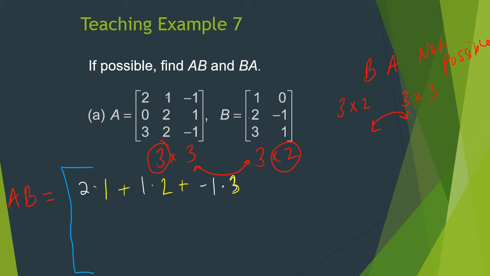Now I'm going to do 2 times 0, plus 1 times negative 1, plus negative 1 times 1.